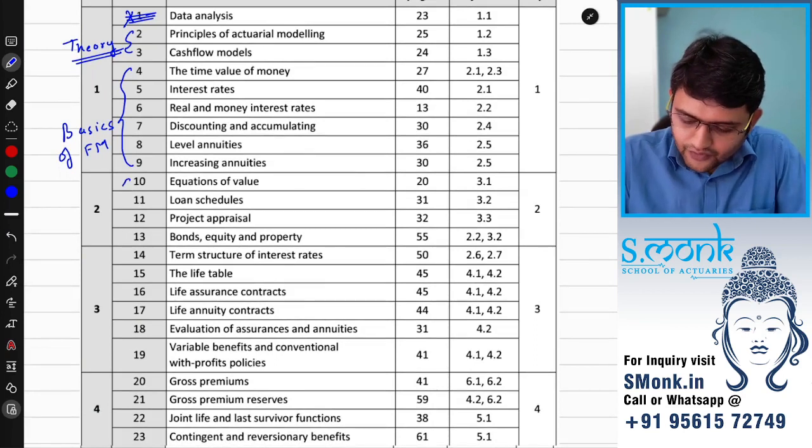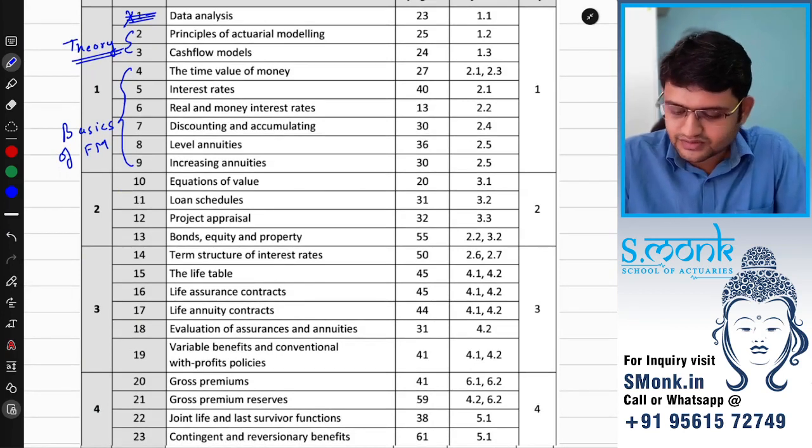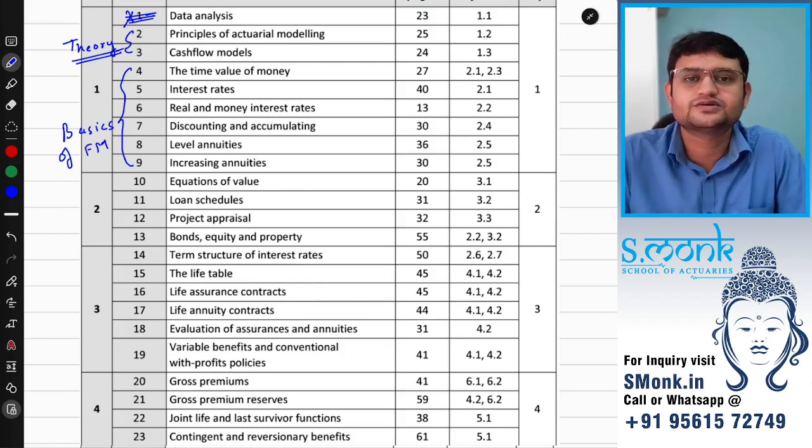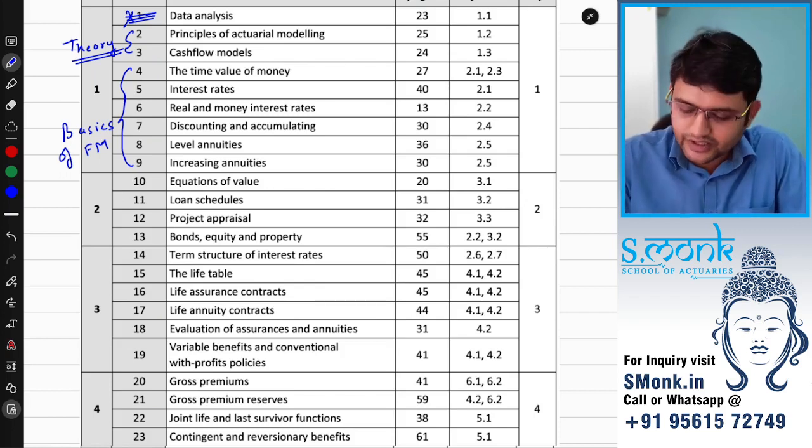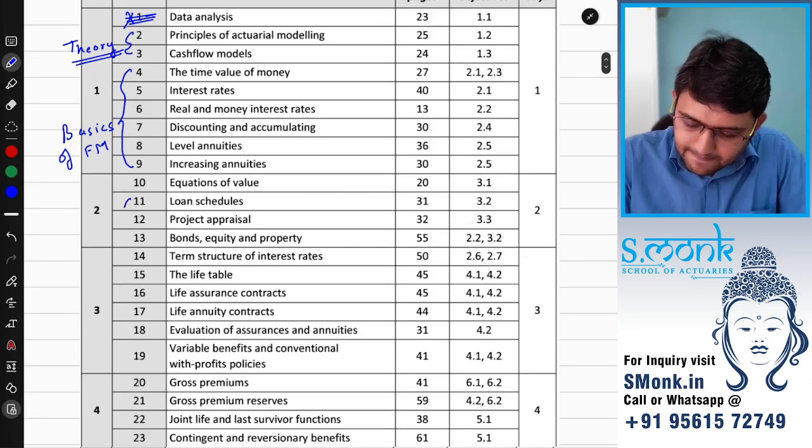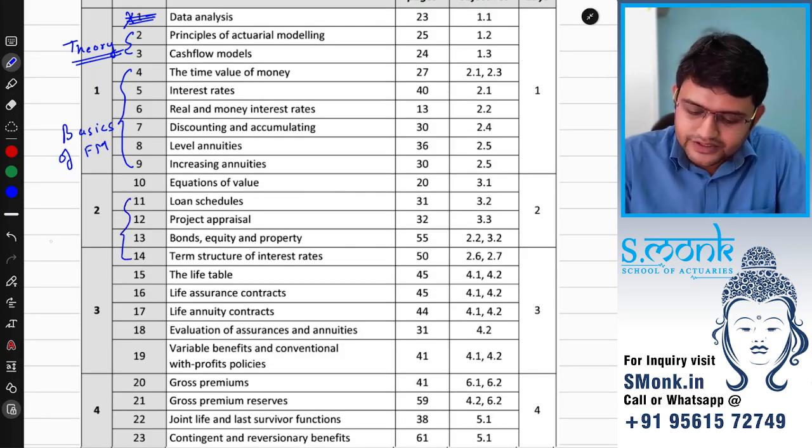Then from 10 to 14, rather, 10 is not even a chapter, it's basically just a transition from 9 to 11, so it's nothing. From 11 to 14 is the application.